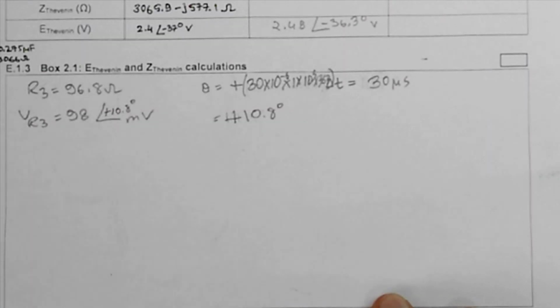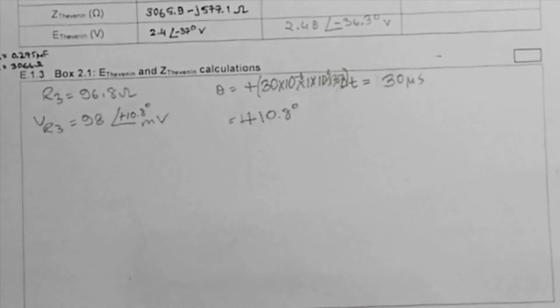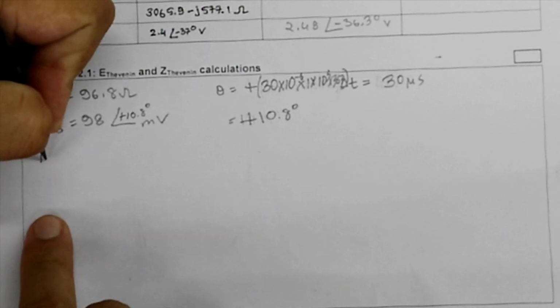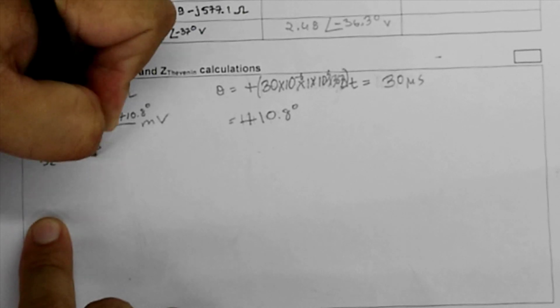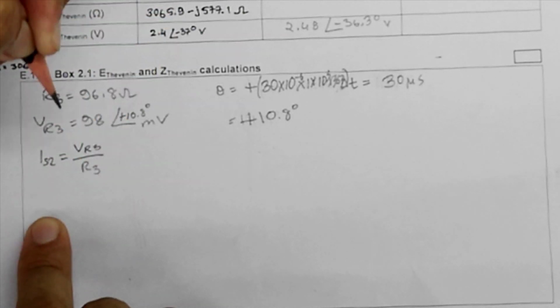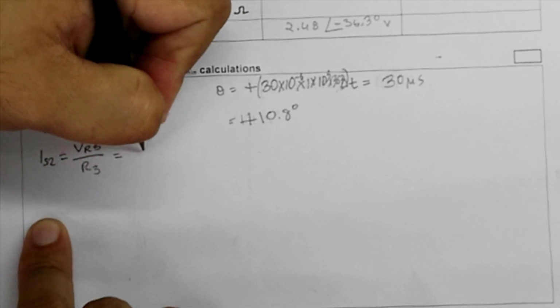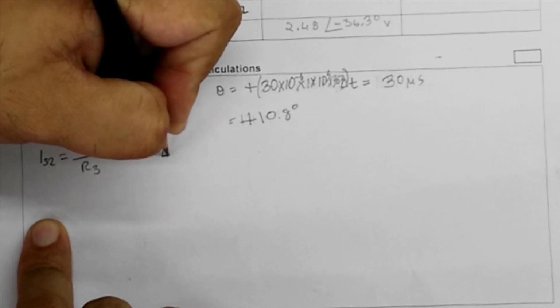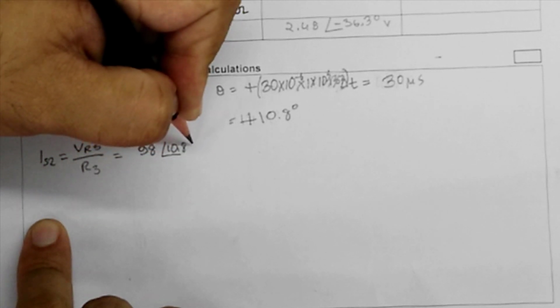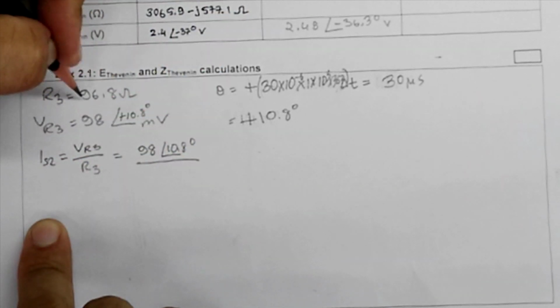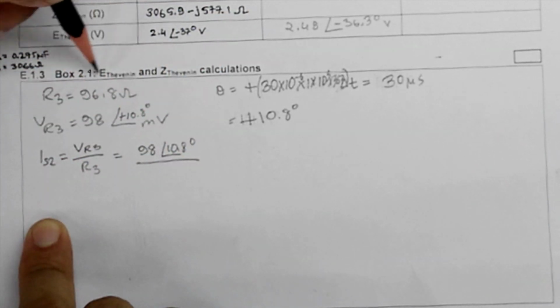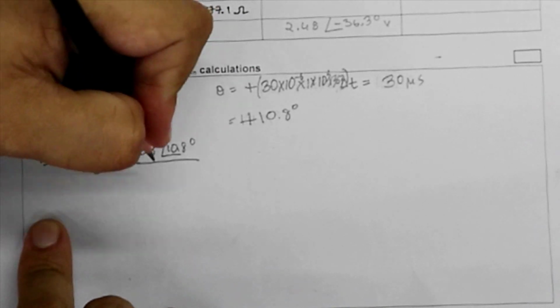So we will measure this current IS2 by using the formula VR3 over R3. So VR3 is 98 angle 10.8 degree, and the value of R3 is 96.8, the practical value that we measured earlier.